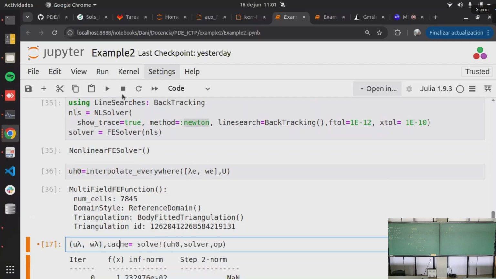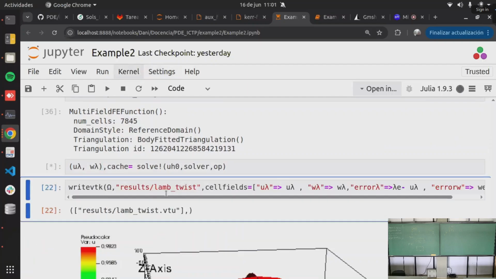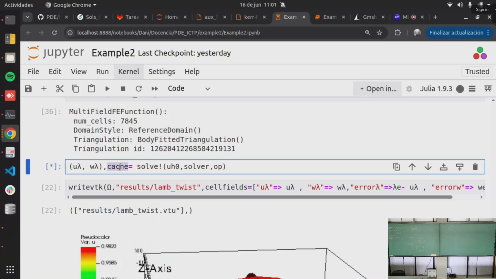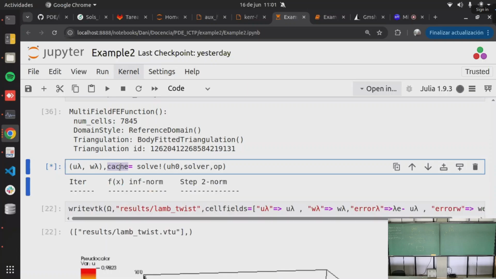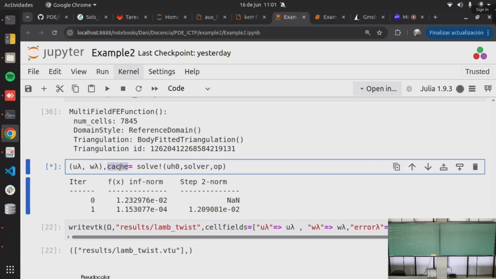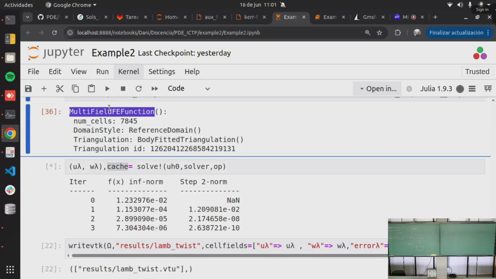And after that, we will solve it. It will take time. Every time you have a multi-field function, you have to add this cache. I didn't understand why, but we have to do it every time we perform a multi-field system.